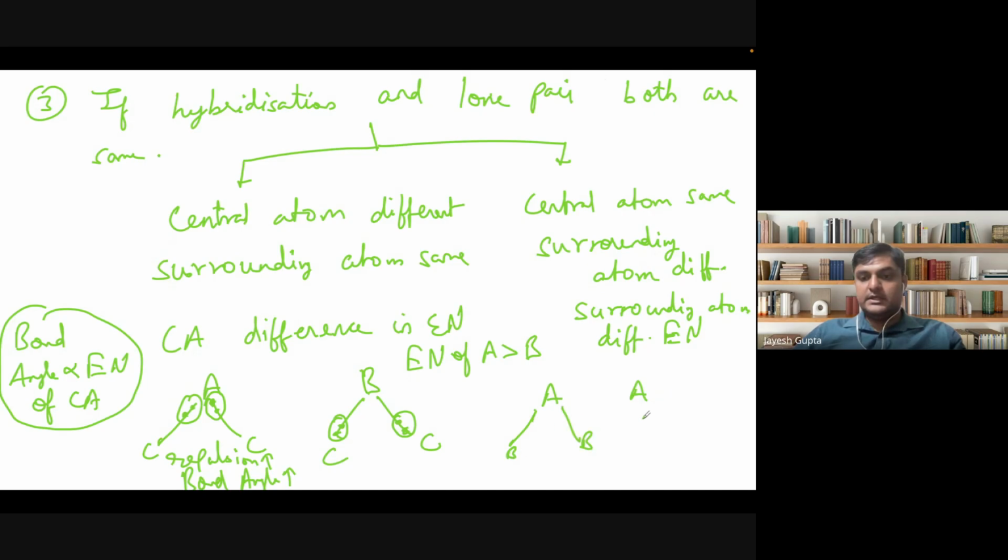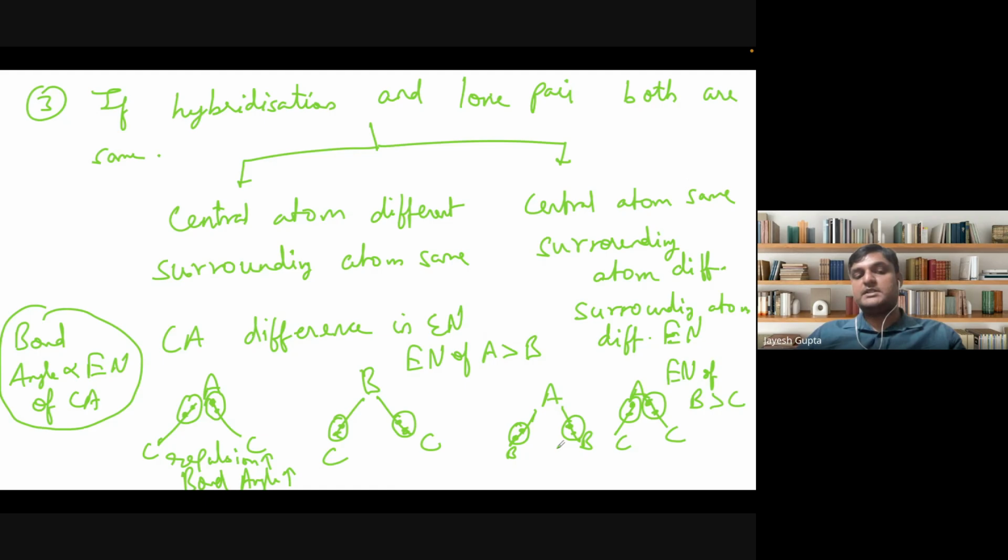A to B, A to B, and here A to C, A to C. Now EN of B is greater than C. So if EN of B is greater than C, the bond pair will be nearer to B. And here it will be nearer to A, because C has less electronegativity.